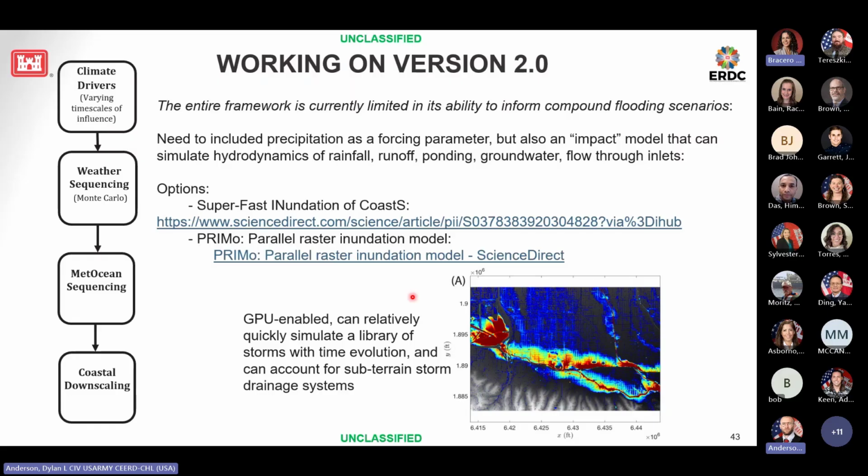That means that they actually are fast enough that you can simulate a really impressive variety of storms, and that means that you could create a library of conditions that you could train and use within this stochastic weather framework to ultimately downscale the weather to processes that have to do with things like urban flooding, because now you can account for really fine resolution DEMs and drainage networks that include things like the sewer. That's all that I have for you.